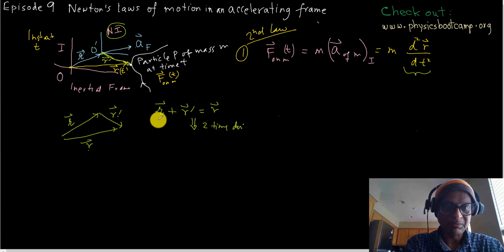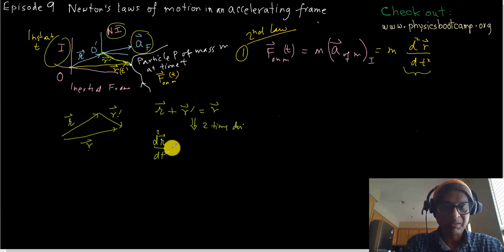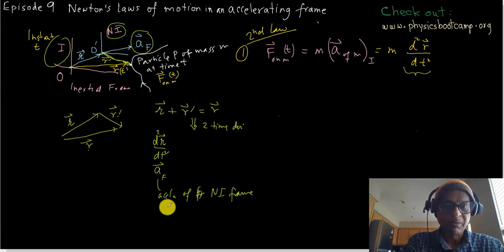If I take two time derivatives, I get d²script R/dt². This is the acceleration of the frame with respect to the inertial frame, so this is A_F, the acceleration of the non-inertial frame with respect to the inertial frame.